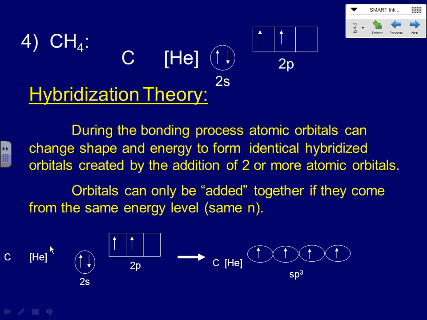All right? Now this is a little bit of a promotion, kind of like our special case, because this electron down here, these 2 in the s, had to gain a little bit of energy in order to make this change. The energy for that comes from the formation of the chemical itself.